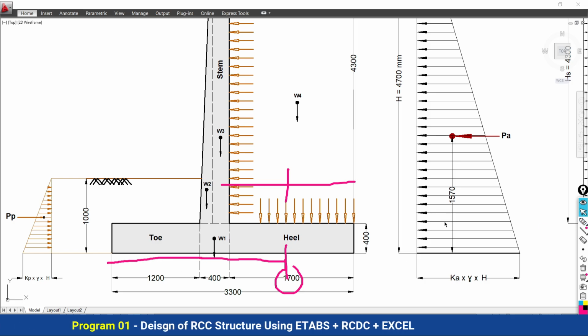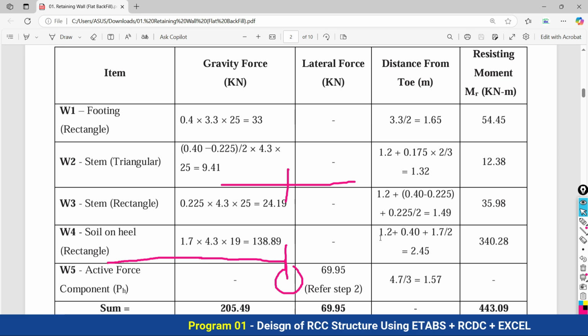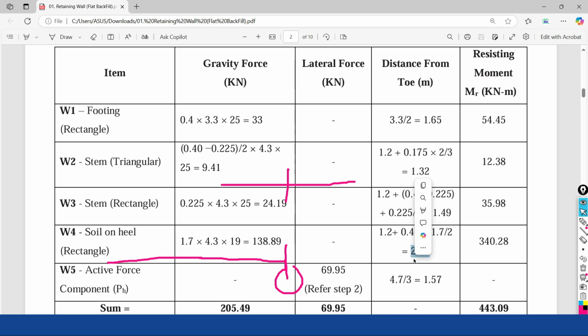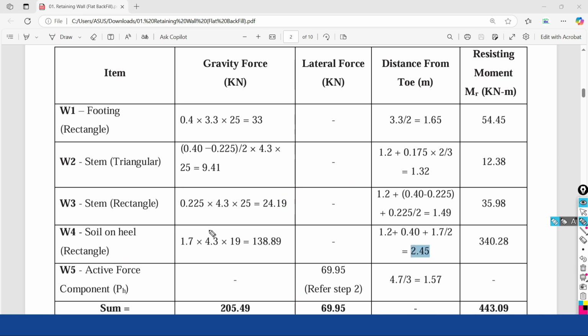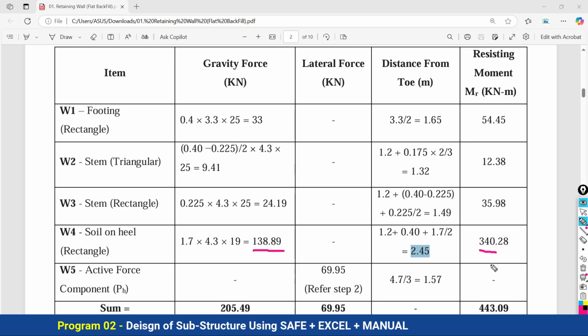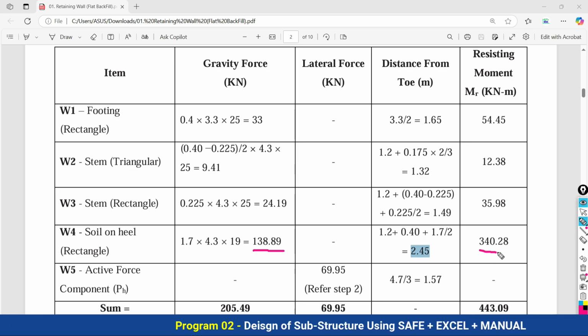So overall the calculation is 1.2, 0.4, 1.7 divided by 2. Finally we are getting the value of 2.45 meter from your toe. Now this value of the axial force is going to be multiplied with this distance, and we are getting the value of 340.28 kilonewton meter as the moment.